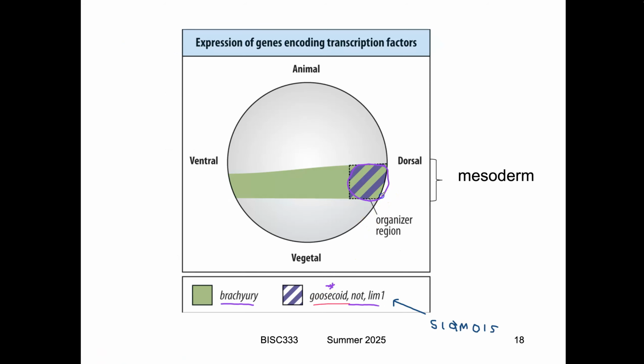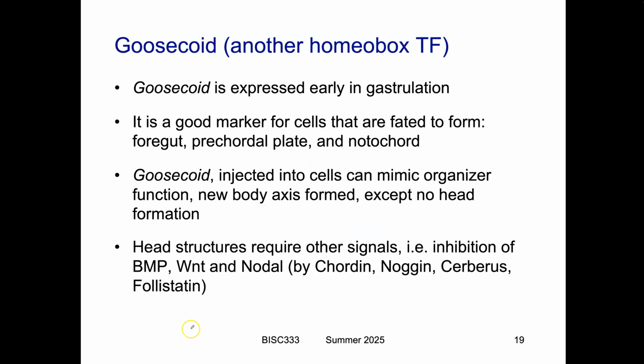So this is when the invagination for gastrulation is starting, and the blastopore is forming here, and the organizer is the region just above that. And it's a good marker for cells that are fated to form these particular structures.